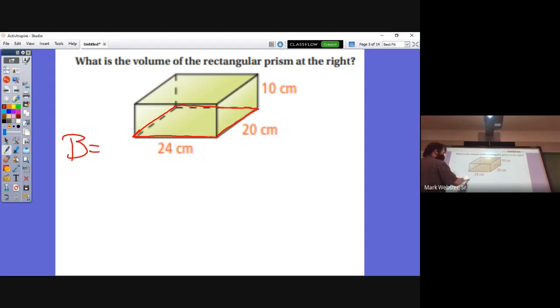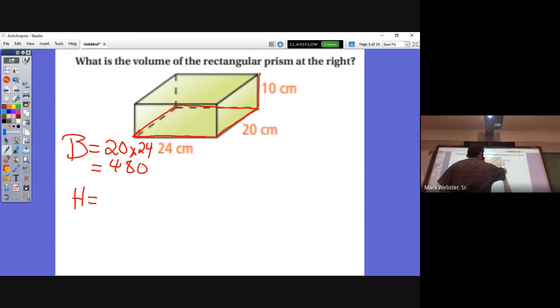Find the area of this base. We've got 24 and 20, right? Length times width. 24 times 20 is 480. And then the height is the one that we haven't used, right? The height here is going to be 10.